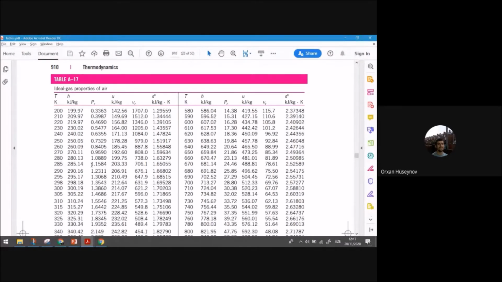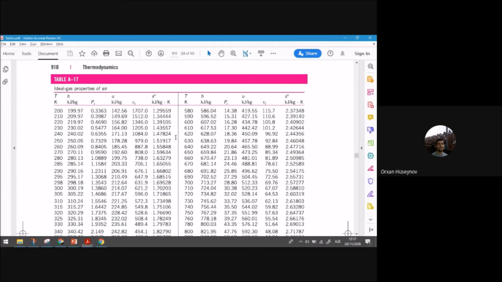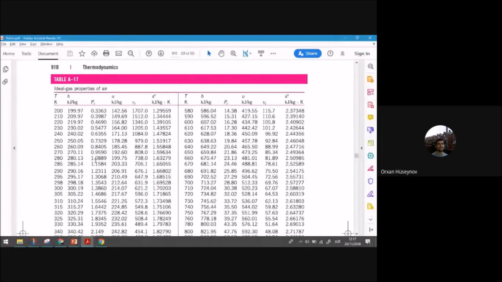So this one is the temperature, and I can find the PR value by linear interpolation. You can use the linear interpolation, or I will use here the approximate values, but it is okay that you can use the linear interpolation. Approximately it will be 1.19. As I said, it is an approximate value, and by the way, you can work with the linear interpolation and find the exact value.